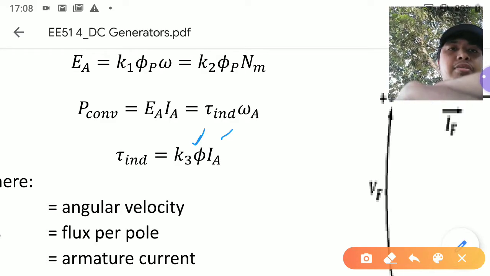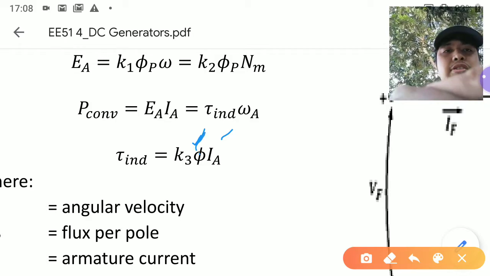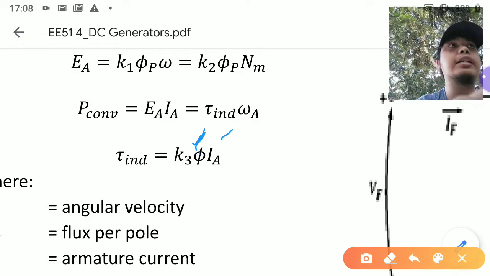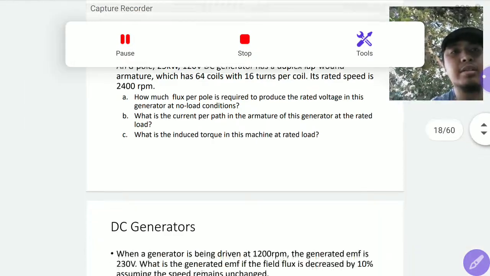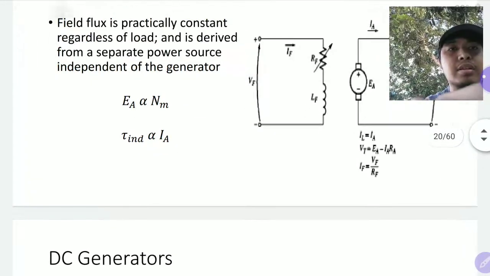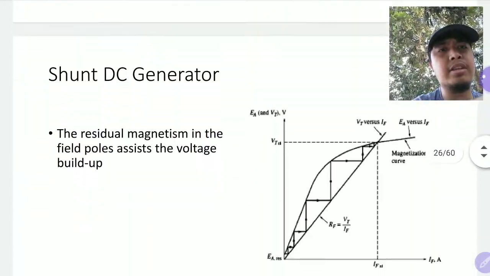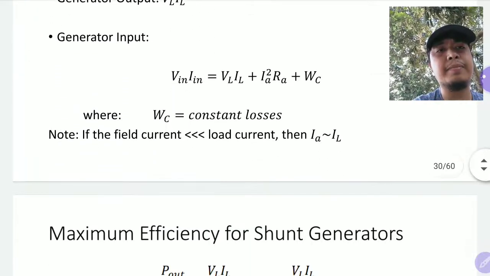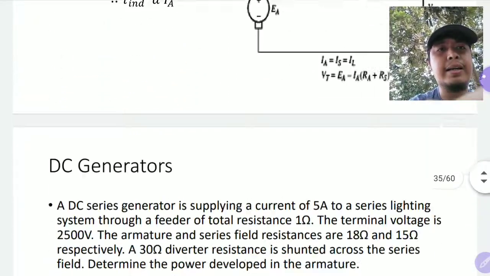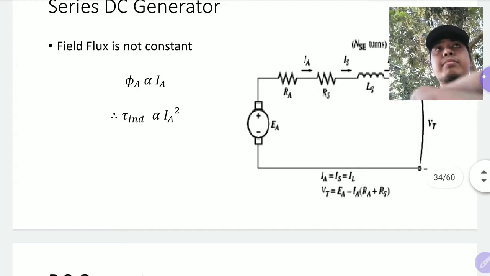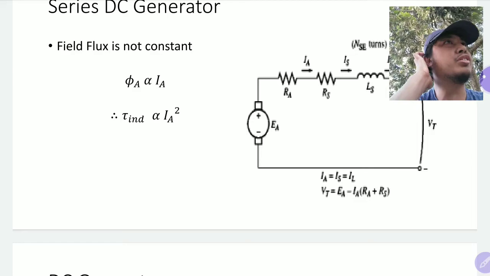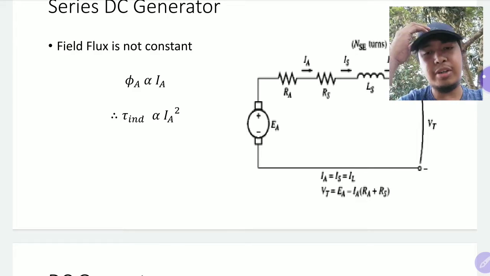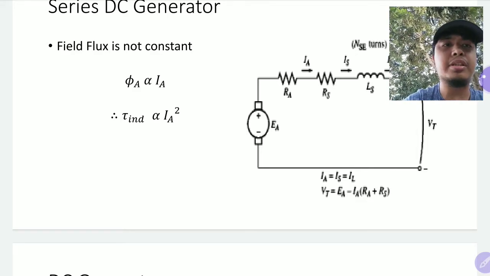But since the magnetic field is also dependent on Ia, that makes this equation dependent on Ia and Ia, or Ia squared. So I guess the interpretation is that your torque is dependent on the square of the armature current, not just the armature current.